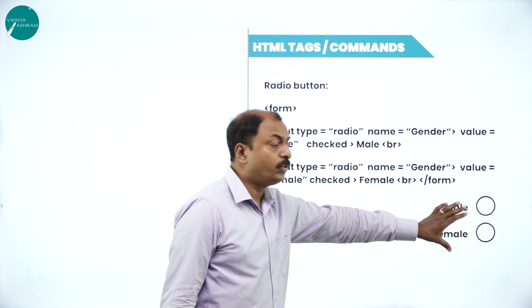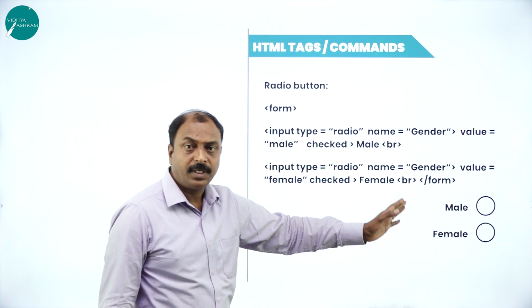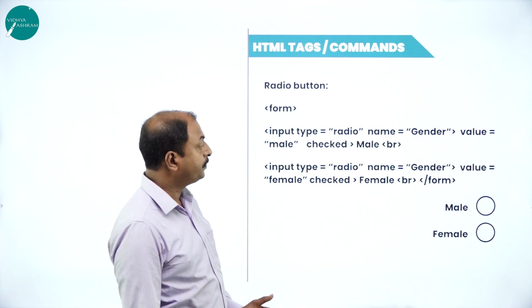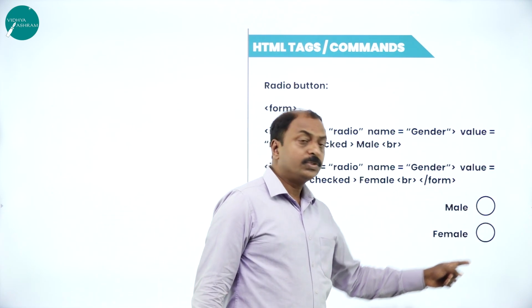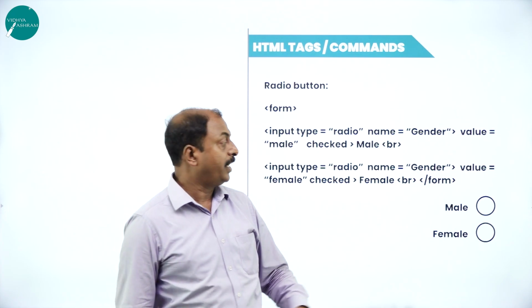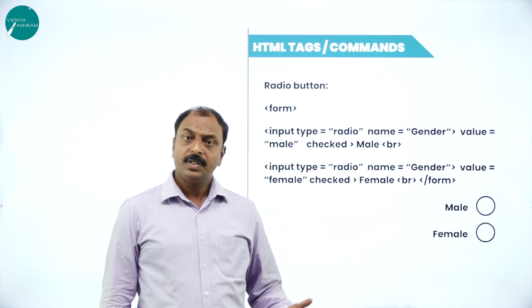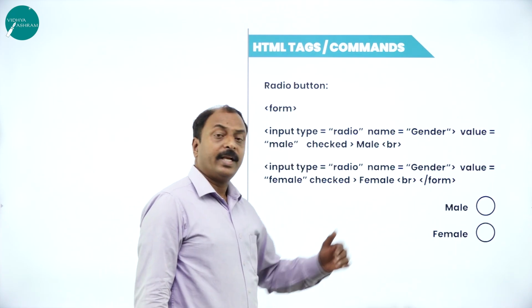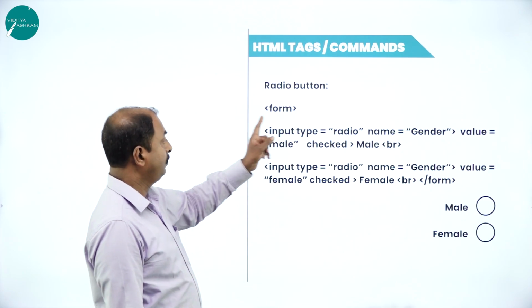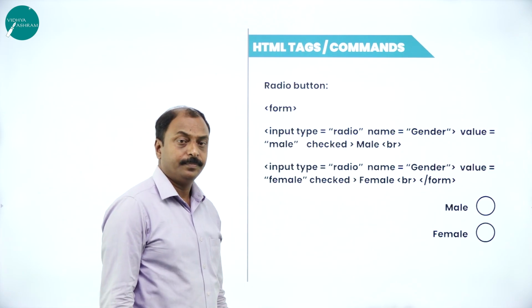So this is how to define radio buttons in an HTML form. Here the user has an option to select only one option from the values given. So this is the radio button.